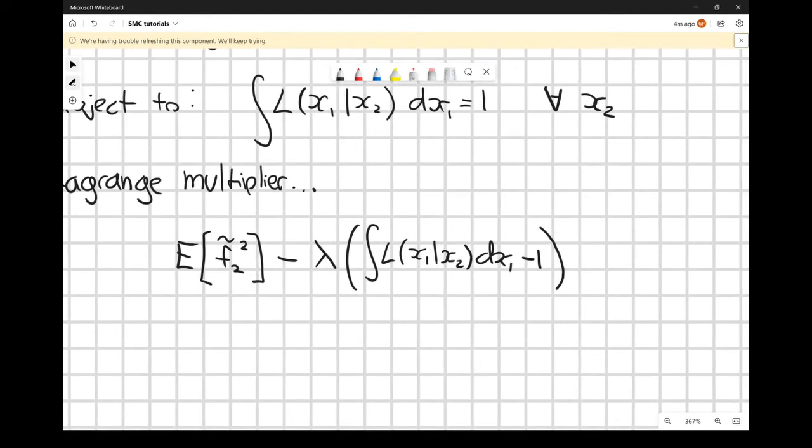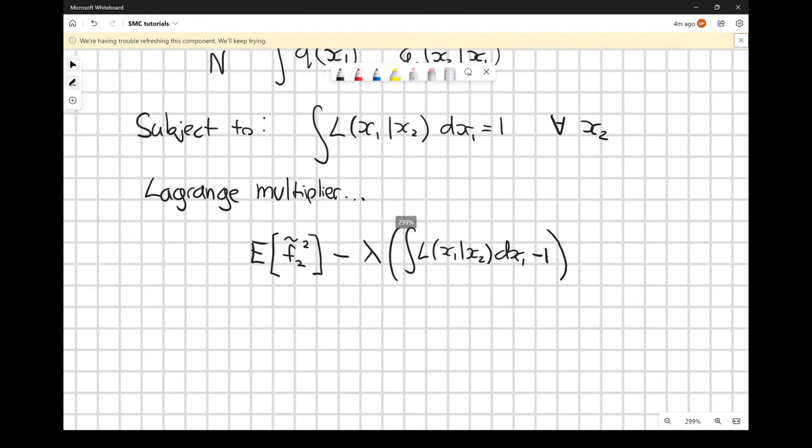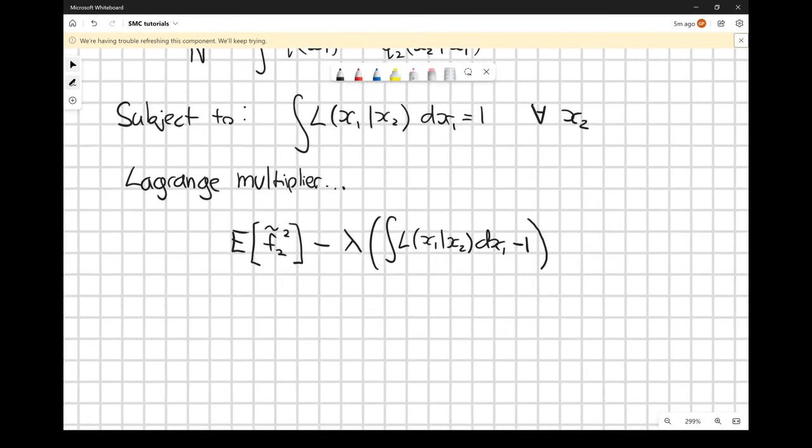Now, if we had more than one value of x2, but a finite number, then what we've essentially got is multiple, but a finite number of constraints. What you would do in that case is see a summation here where we've got more than one constant, more than one lambda, and it'd be a summation over the different possible values of x2 that we could have.